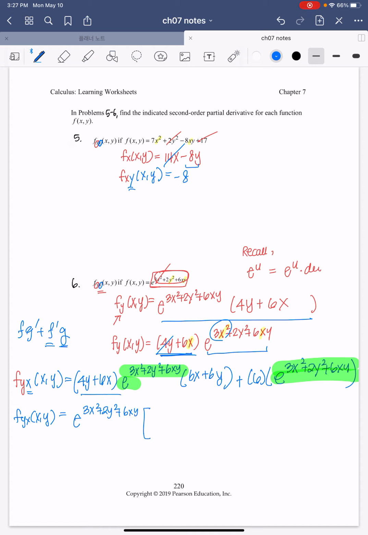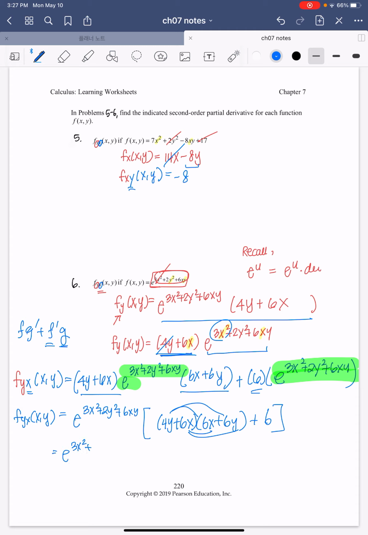Then inside I have 4y plus 6x times 6x plus 6y, plus 6. So let's FOIL this one, and then add 6.